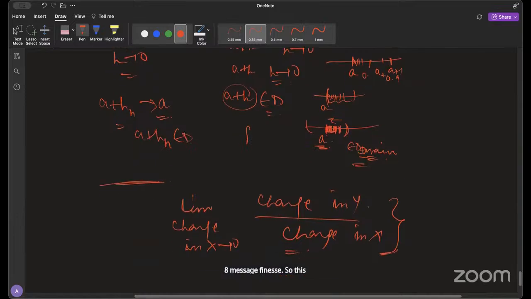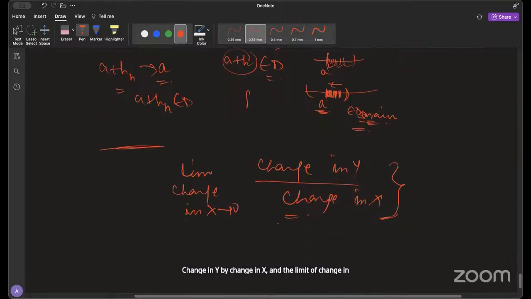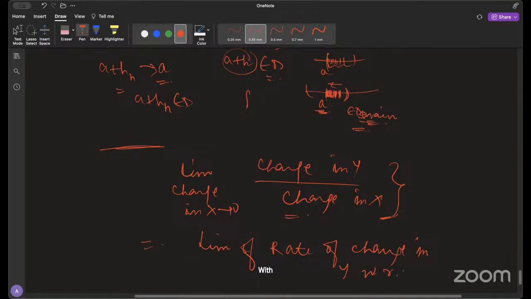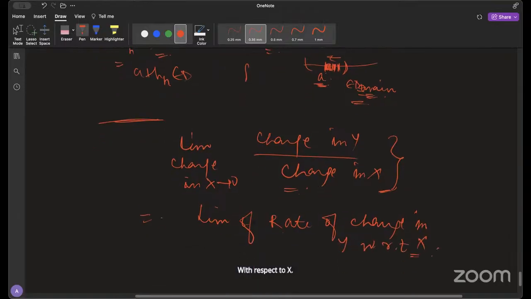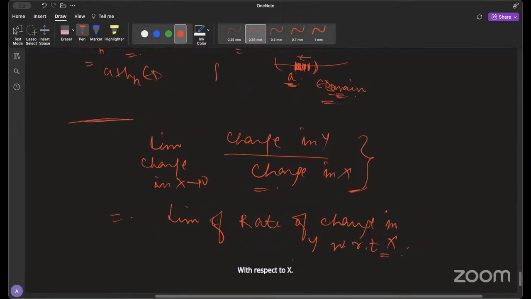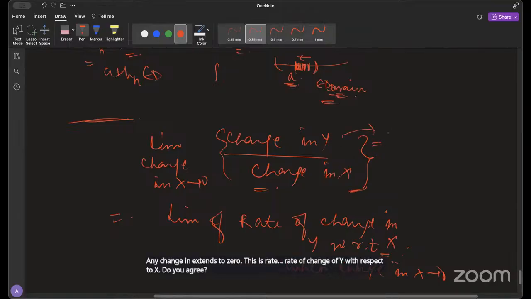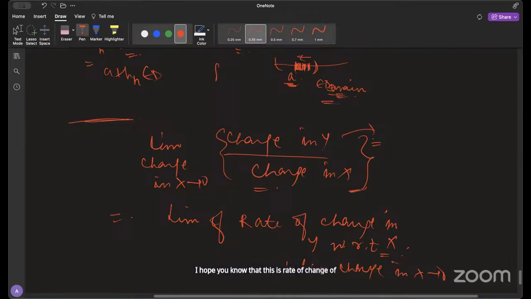So this is nothing but change in y by change in x, and the limit of change in x tending to 0, which you can call the limit of the rate of change in y with respect to x when change in x tends to 0. This is the rate of change of y with respect to x. Do you agree? I hope you know that this is the rate of change of y with respect to x.